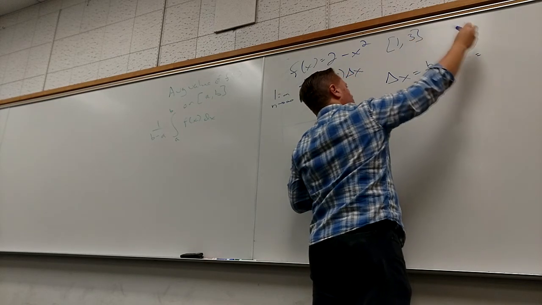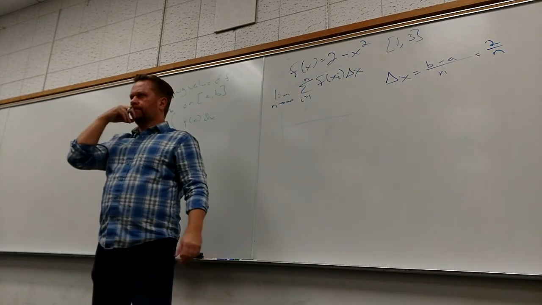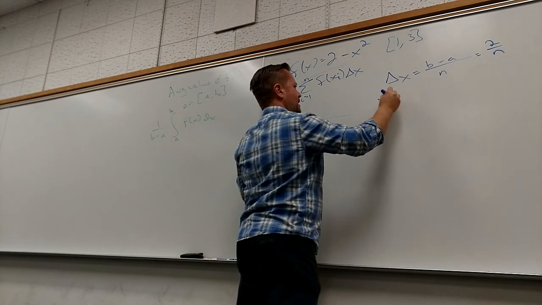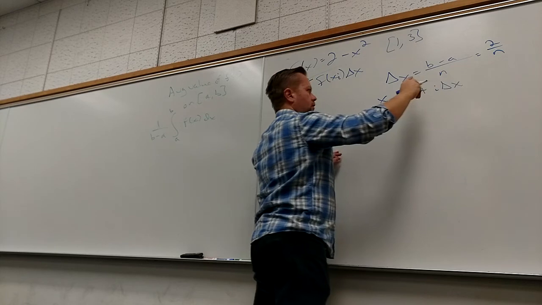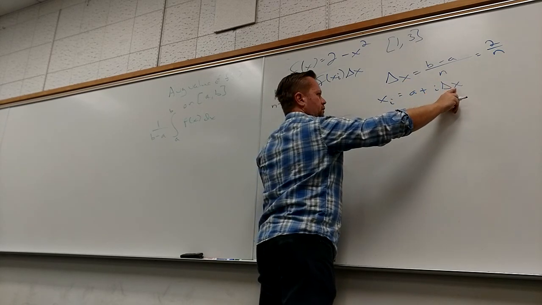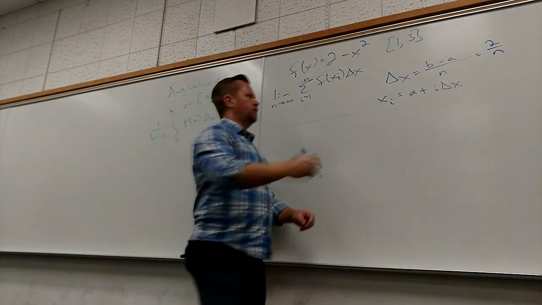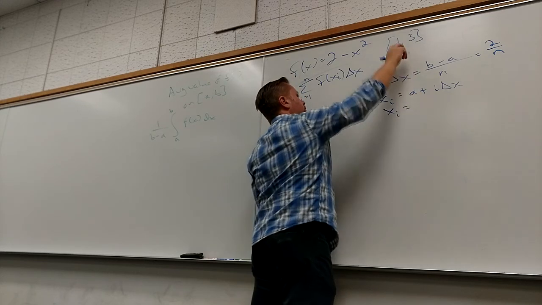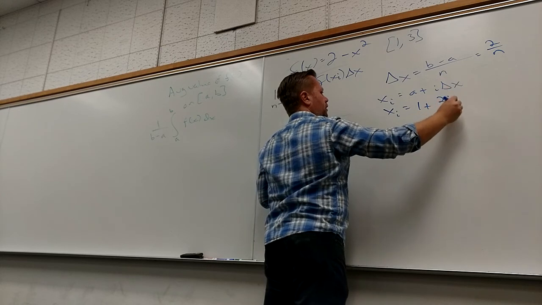There's delta x. xi in general is a plus i delta x, where I start plus how big each step is times the number of steps. So just fill it in. What's xi then? Where do I start? 1. i times delta x is 2i over n.